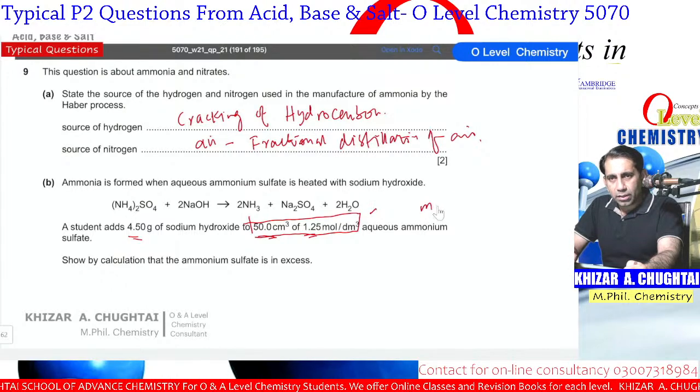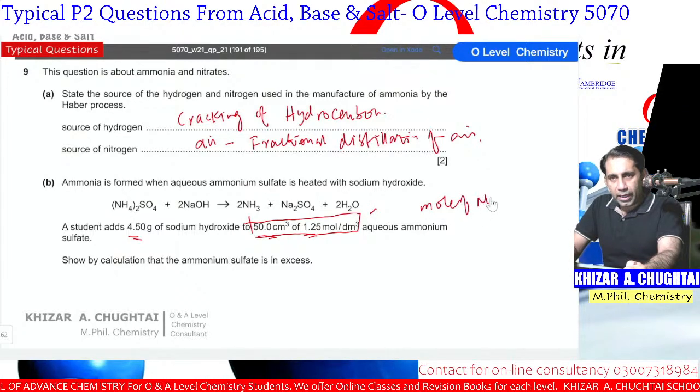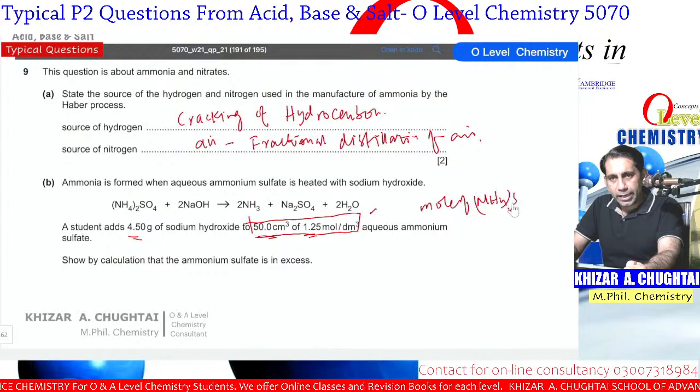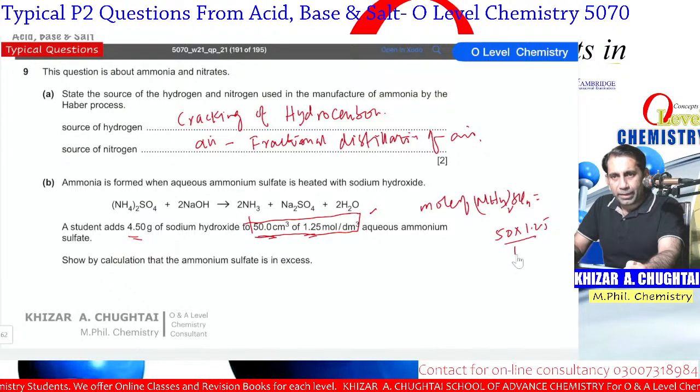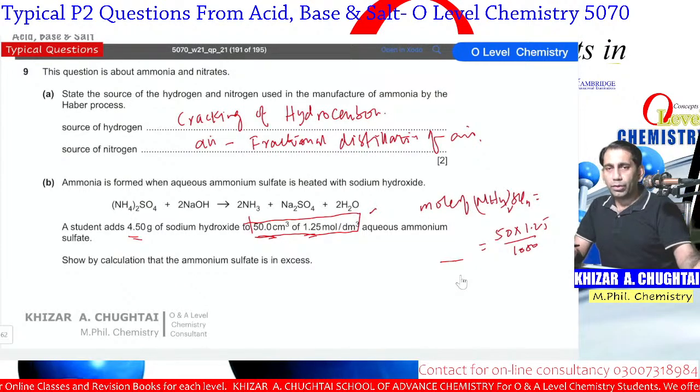So moles of (NH4)2SO4, that is ammonium sulfate, is equal to 50 into 1.25 divided by 1000. What is the answer for the moles? Please help me out to find this answer.